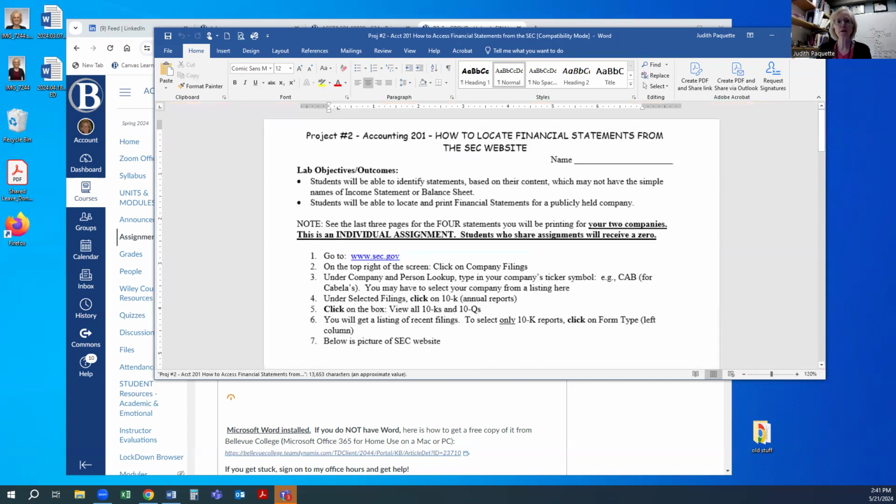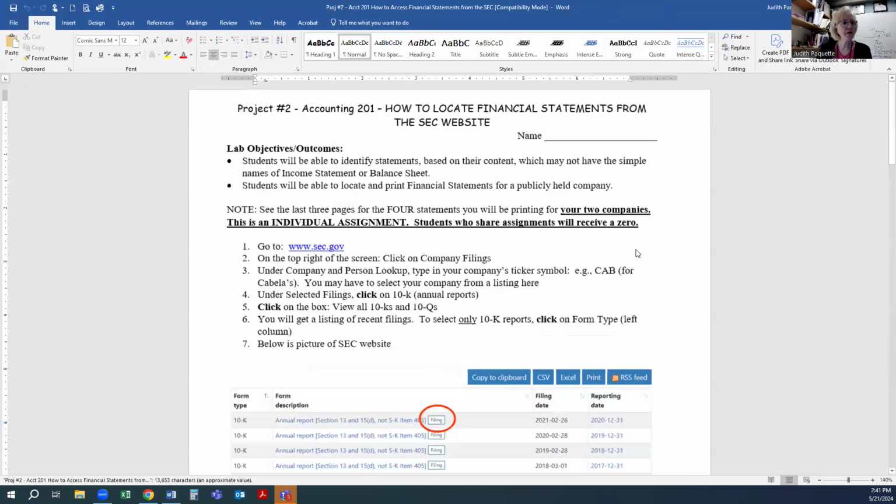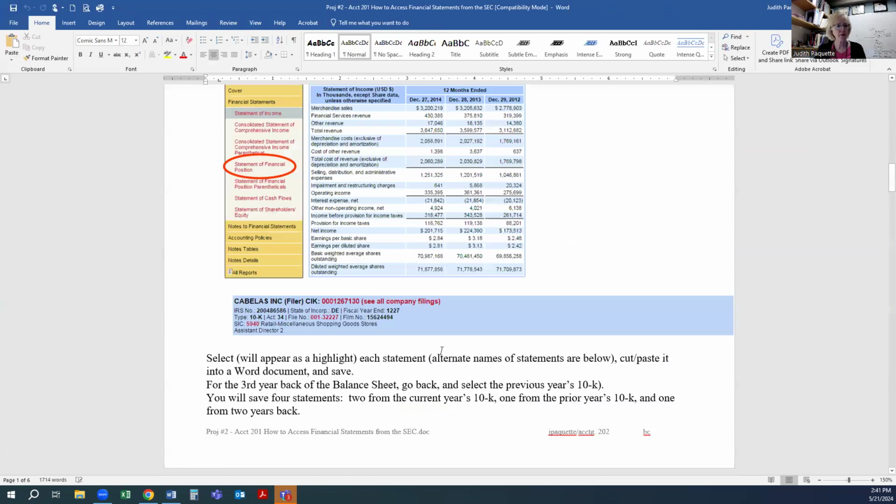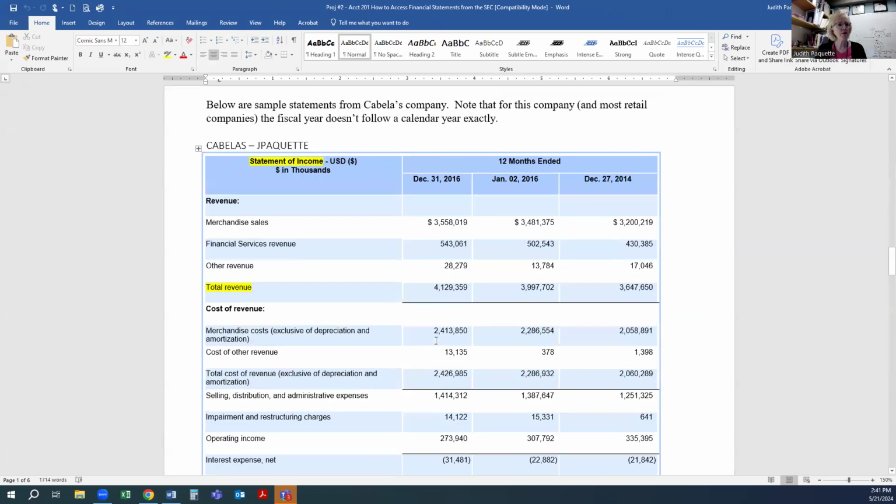So let's just make this bigger. And there's step-by-step instructions here on how to do that. But what I wanted to show you, at the end, is the samples. Oddly, on 10K reports, the income statement shows 3 columns, 3 years, and you always want to use the most recent years.